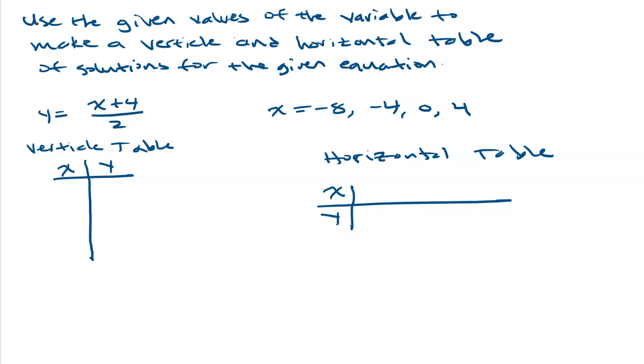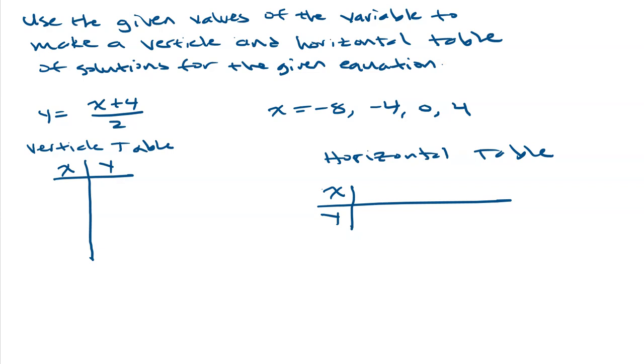All right, so the purpose of this problem here is to show you that we can show our work or our table either by doing a vertical table or a horizontal table. A lot of times it's preference.